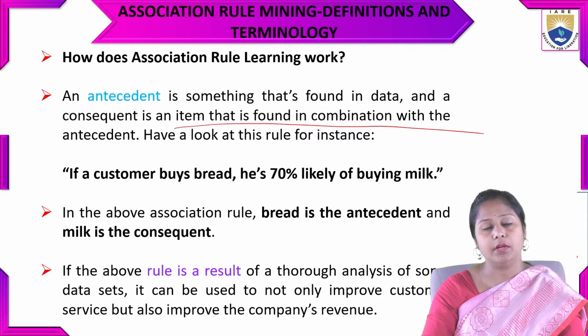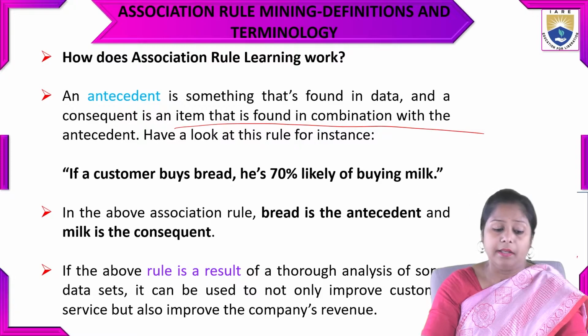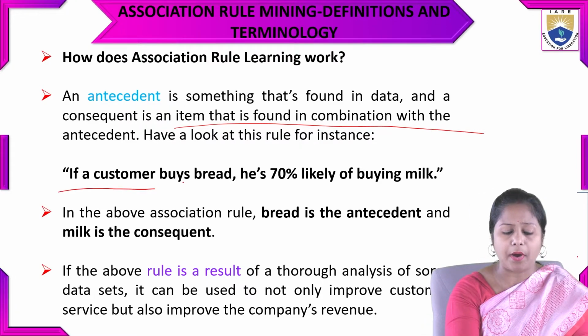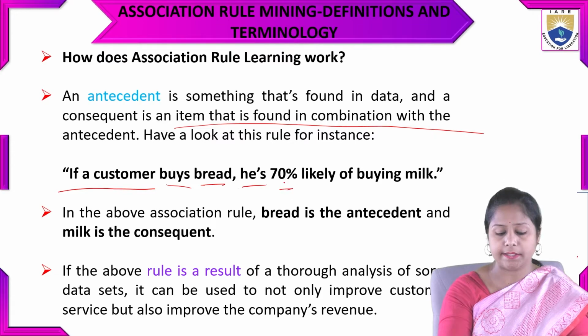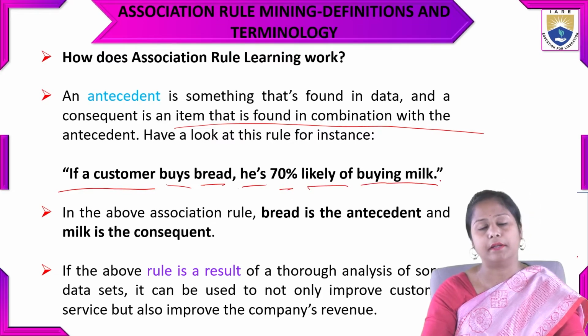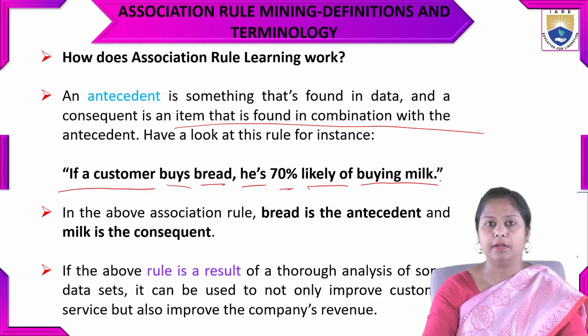Have a look at a rule written here, for example: if a customer buys bread, he is 70% likely to buy milk.